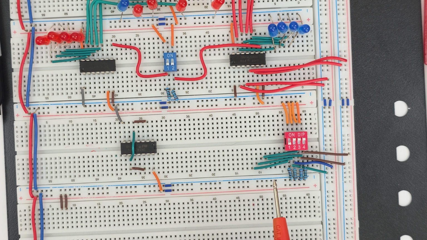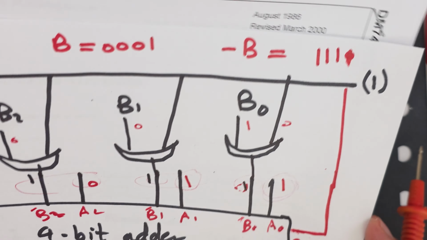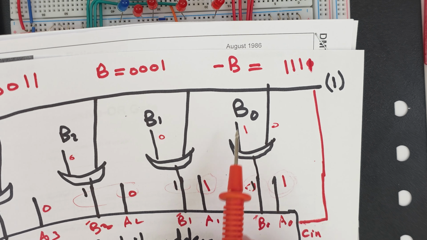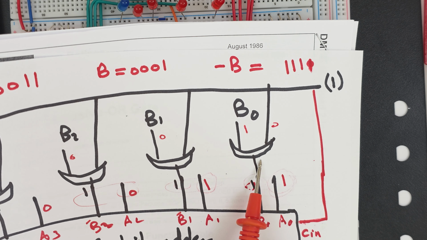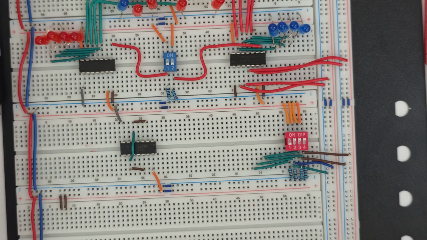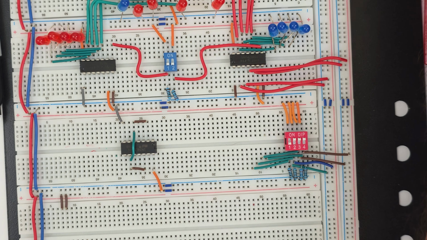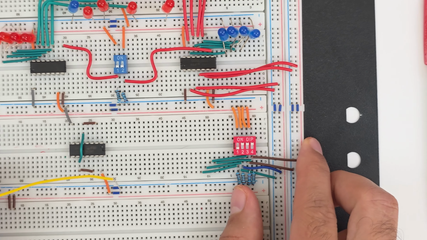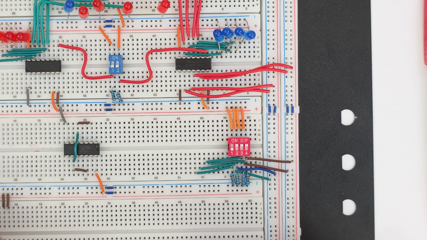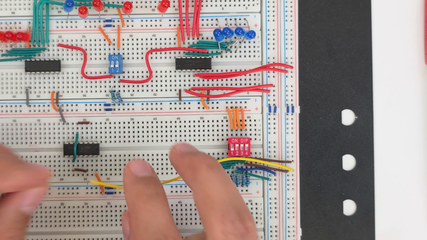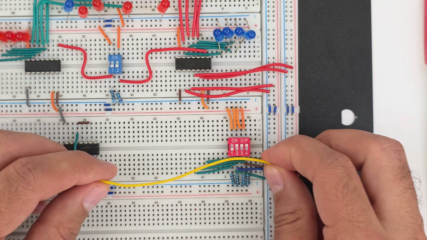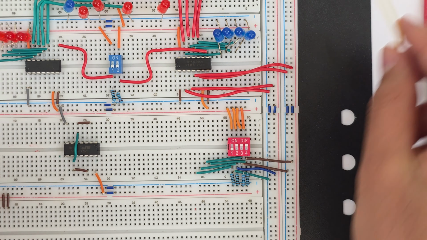So let's now start connecting B0 only. B0 will be from the bus to this pin in the XOR. So let's bring the bus here, first pin from the bus here, to pin number, let's go to this side.